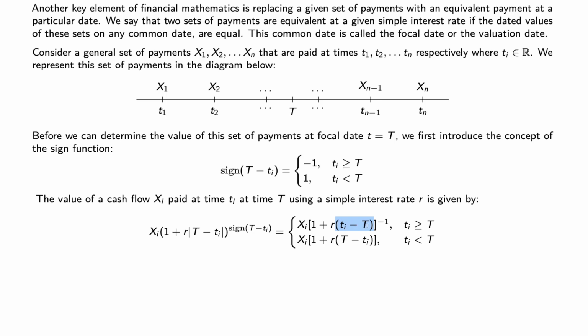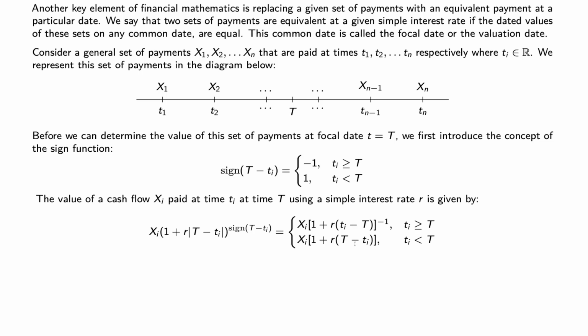It's ti minus t, right? Because when ti is bigger than t, we get a positive difference between ti and t. But when ti is less than t, then we take the original expression in the absolute value sign. We're taking t minus ti, because again, t minus ti in this case will be positive.